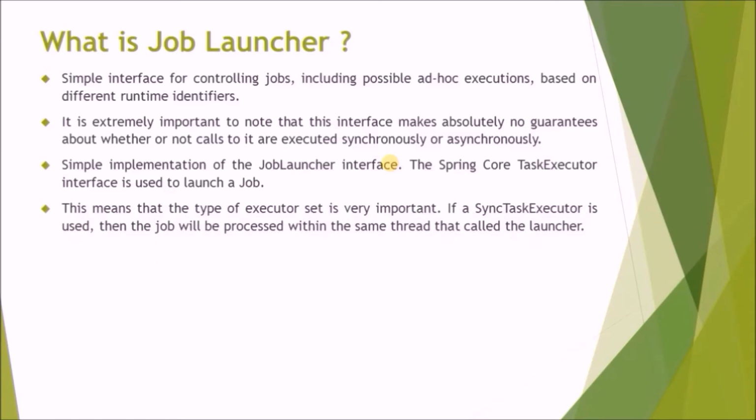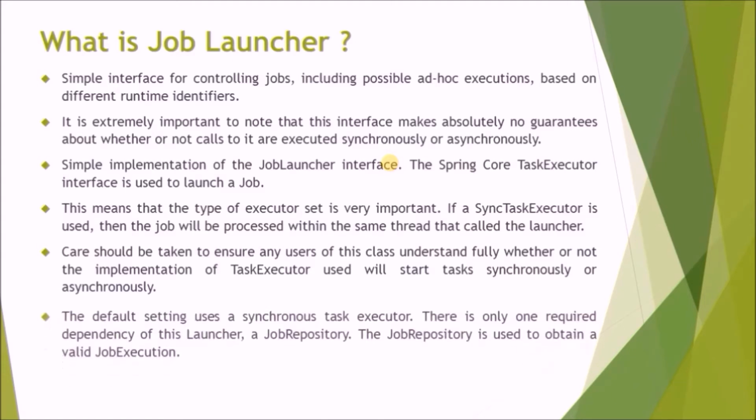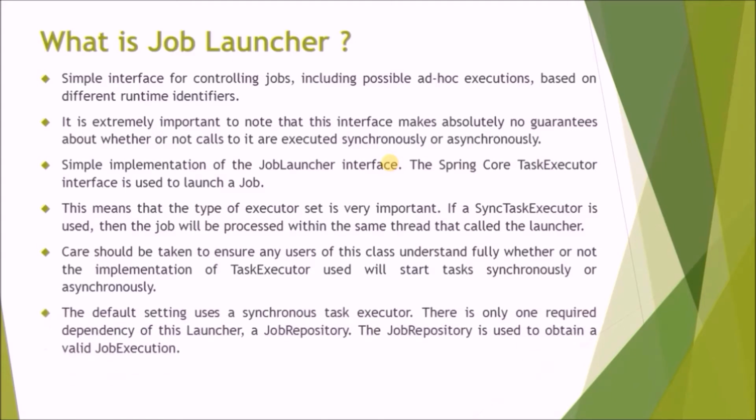If a sync task executor is used, then the job will be processed within the same thread that called the launcher. Care should be taken to ensure any users of this class understand fully whether or not the implementation of task executor used will start tasks synchronously or asynchronously. The default setting uses the asynchronous task executor. There is only one required dependency of this launcher, a job repository.